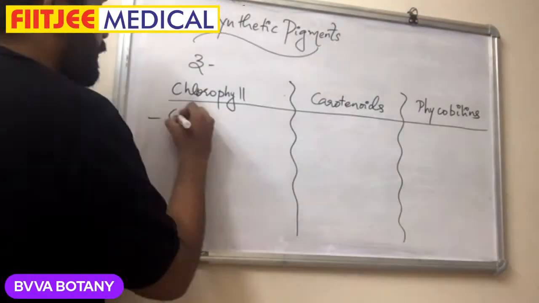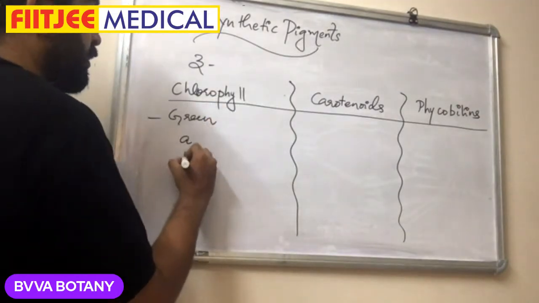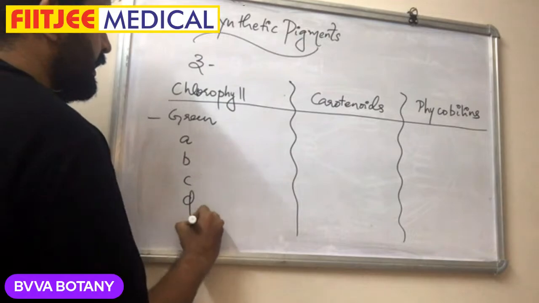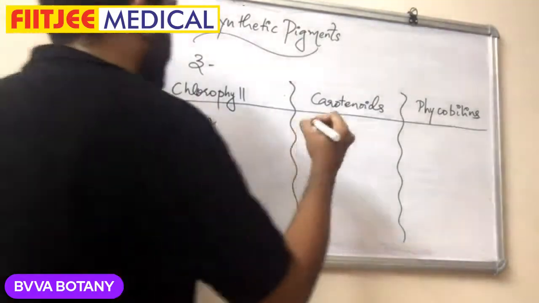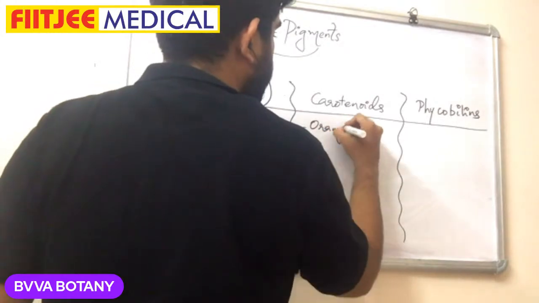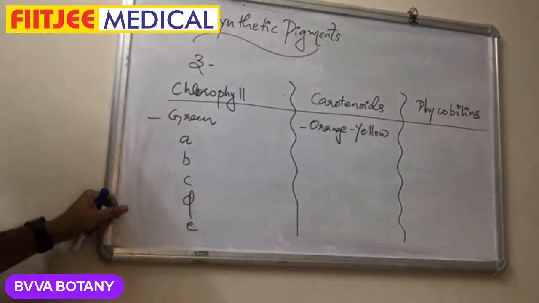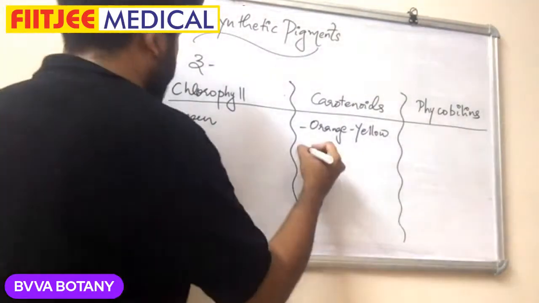Chlorophyll, you know, is green colored, and we have different types of chlorophyll, like chlorophyll A, B, C, D, E, etc. Carotenoid is orange-yellow colored, and we have two types, carotene and xanthophyll.